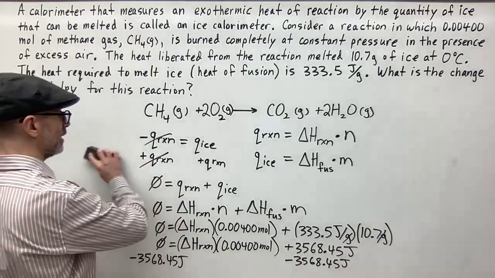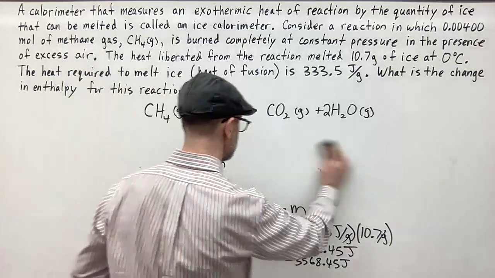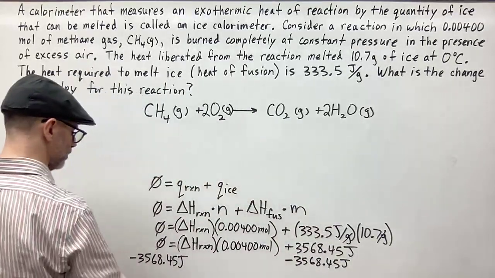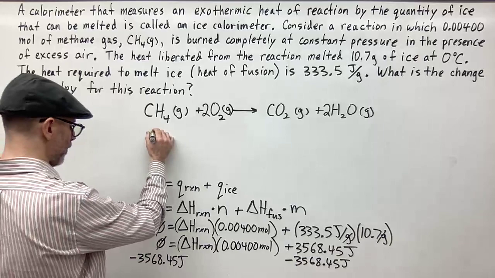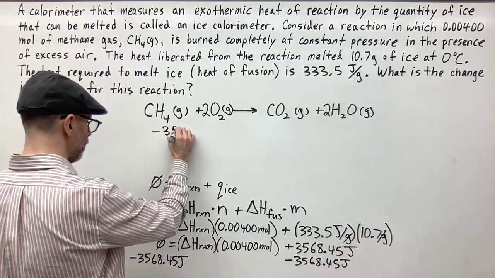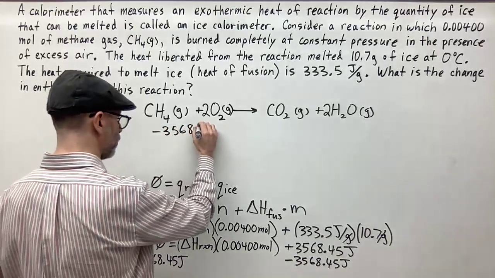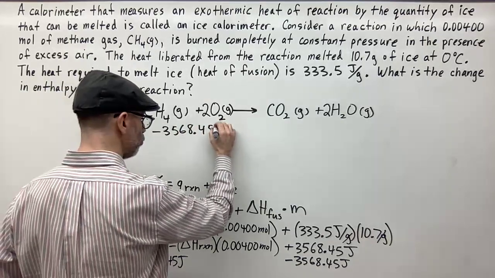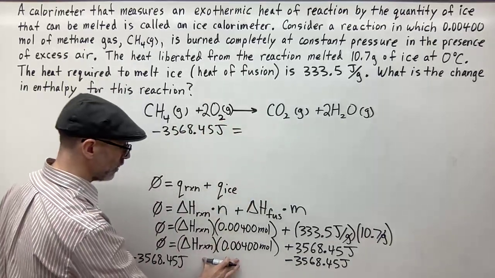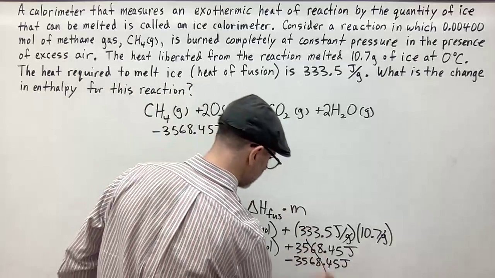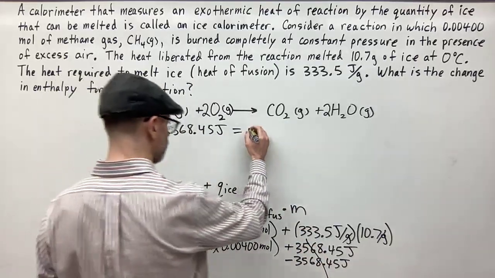So I don't need this anymore, so I'm going to erase this. So now I have negative 3568.45 joules, and that's going to be equal to this. This cancels out. I don't have that anymore.